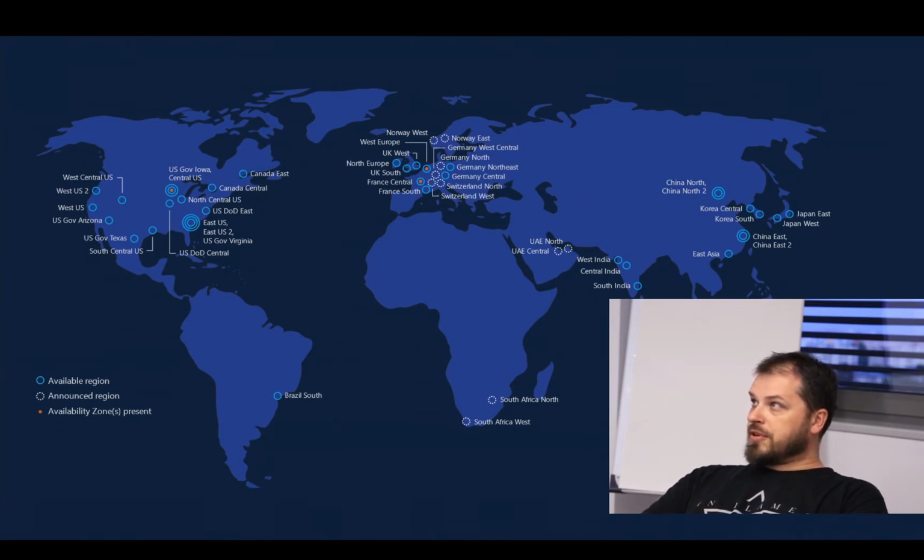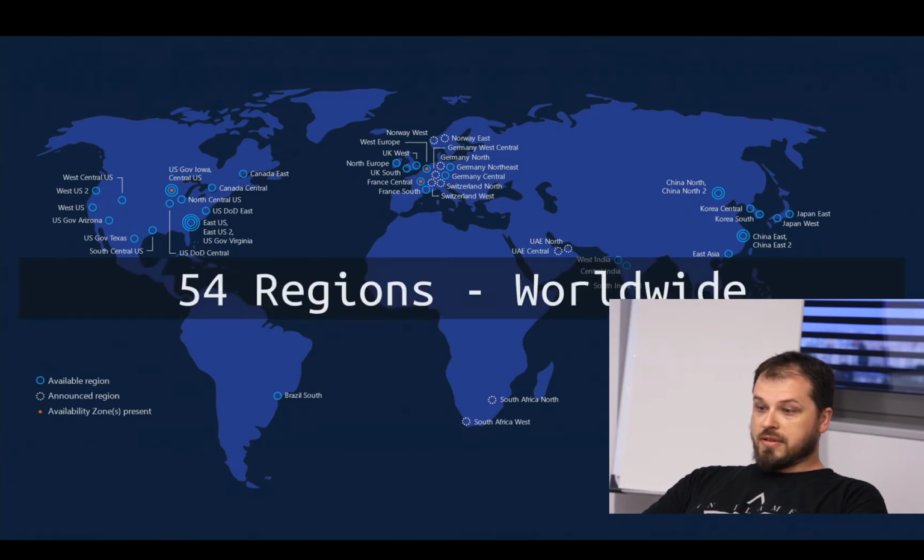There are multiple regions under construction. As you can see, Europe is going to become very, very important for Microsoft pretty soon. When I started to write this presentation, there were like 54 regions worldwide. So that's a lot.